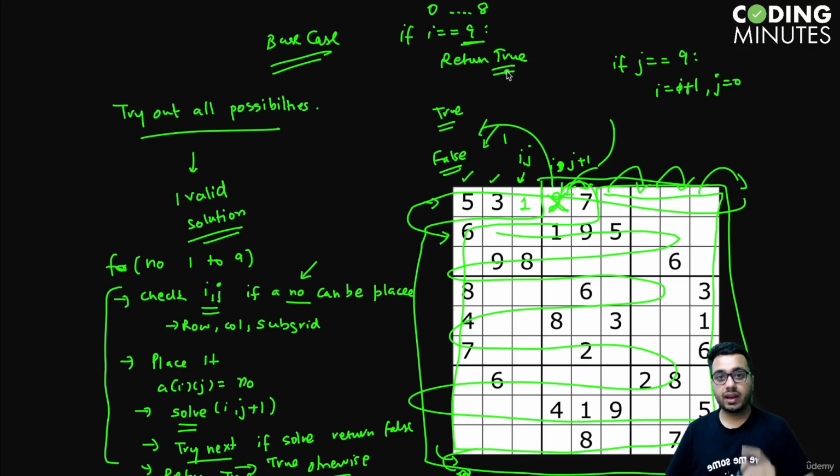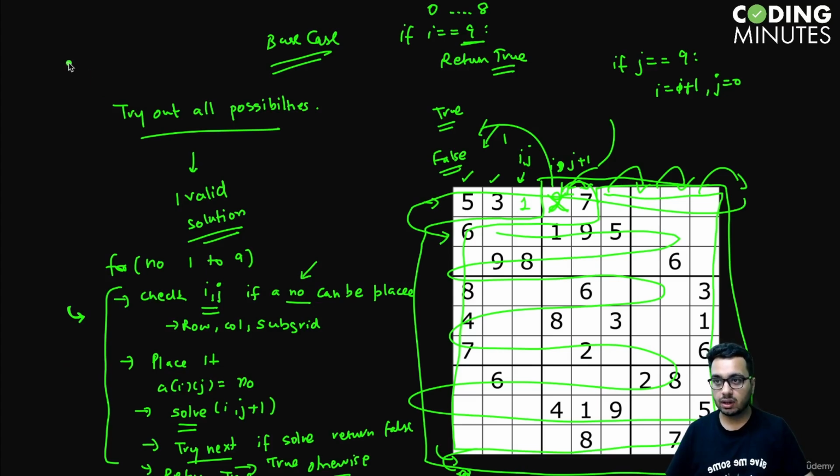And one final case could be like this: if you could not get any number, if you have tried all the numbers, then what will you do? In that case you will say, whatever number I have written, maybe you tried 1, it didn't work.